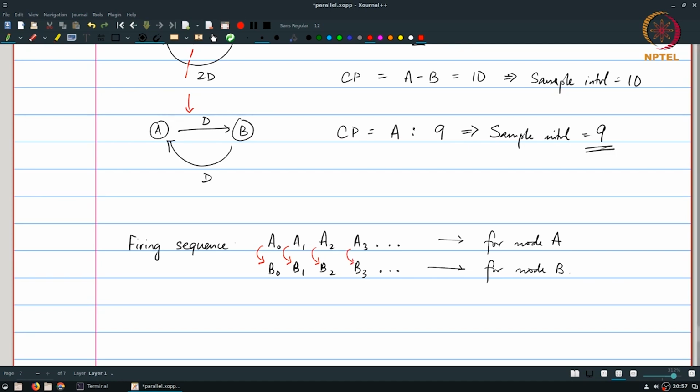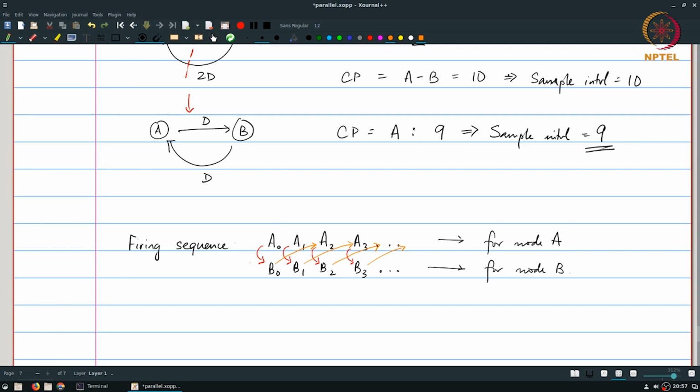Does it depend on B0? No, it depends on something which was 2 cycles earlier. Or in other words, another way of drawing this would be to say that A2 depends on B0, A3 depends on B1, A4 depends on B2, A5 depends on B3, and A1 in other words would depend on B minus 1, which we will take as an initial condition and therefore we can sort of ignore for now.